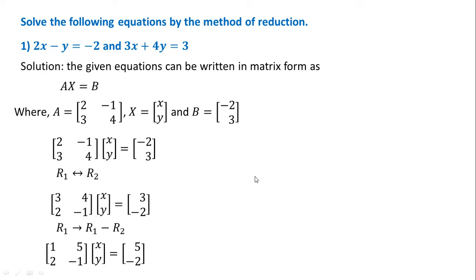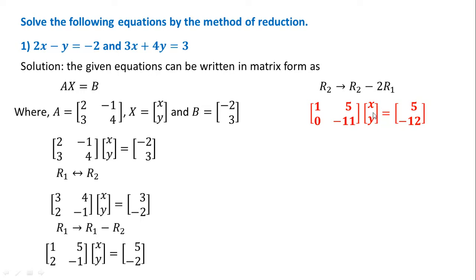Now it is very easy to convert to 0 in row number 2. If you change R2 to R2 minus 2R1, then you will get 0 here. So this is an upper triangular matrix. R2 changes to R2 minus 2R1: 2 minus 2 gives 0, then minus 1 minus 10, that is minus 11.